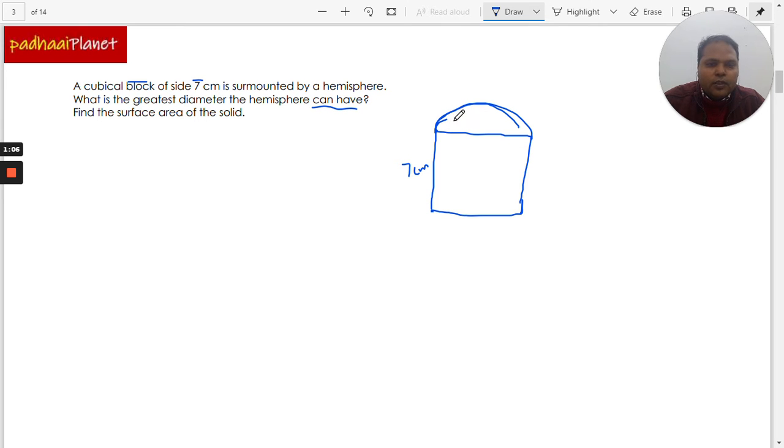So if we carefully look at this figure, the greatest diameter of the hemisphere would be equal to the edge of the cube, right?